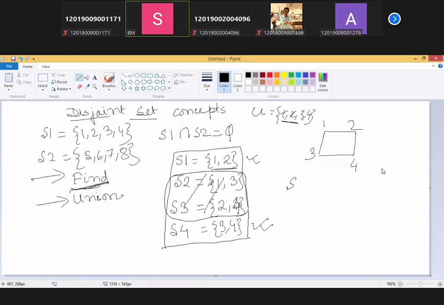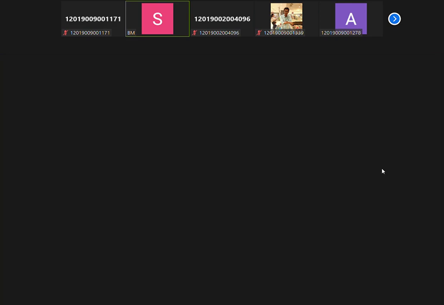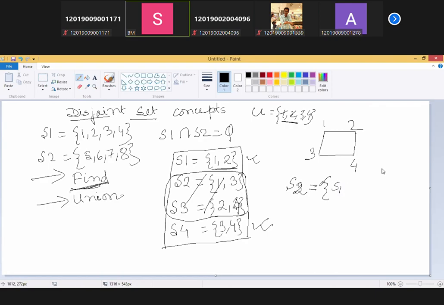So if you are checking that new set, say S3 or S2, you may need to do S1 union S4. Why? Because 1 belongs to this set and 3 belongs to this set.